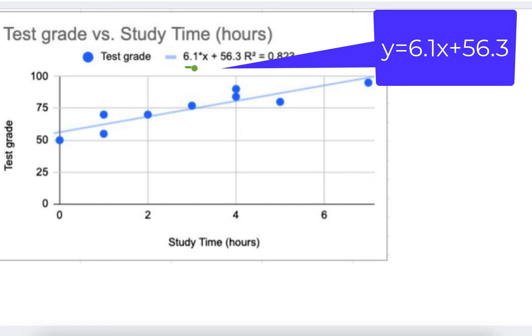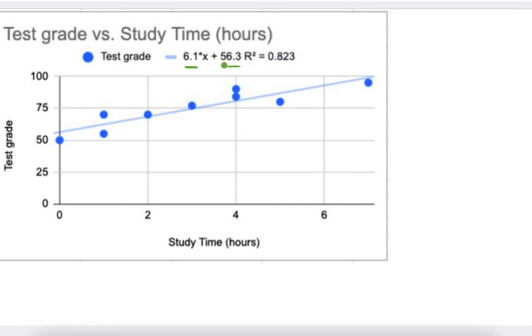So it's a little higher than the one we found. That means every 1 hour of studying, your grade would go up by 6.1 points. And the y-intercept of 56.3 is a little lower than the one we found. So this means if you study for 0 hours, you should get a 56.3.